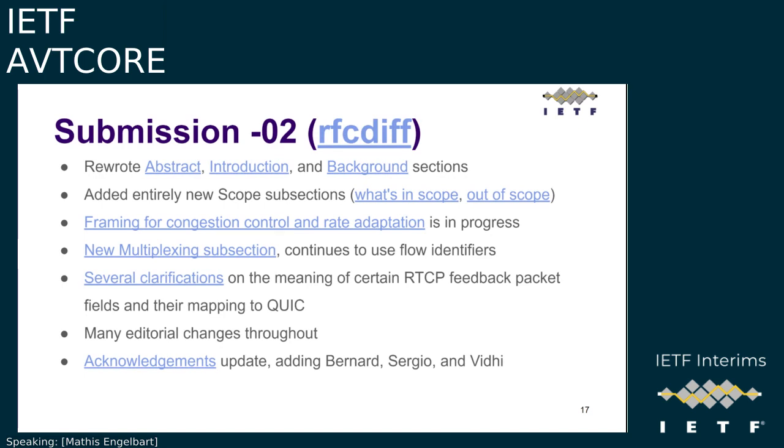Then we made a couple of clarifications on the RTCP feedback packet fields that we map to QUIC state information in the RTCP section. And we had a couple of editorial changes throughout the whole document. And we added Bernard, Sergio, and Vidi to the acknowledgements sections. Thanks to you again for providing feedback and issues. Next slide.